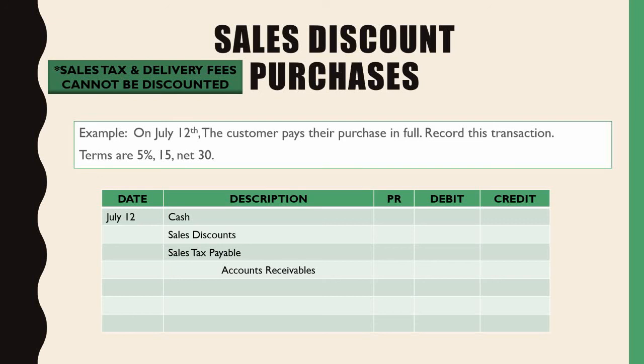Okay? So when we talk about this, we've already calculated because we already had the sales. So when we look at what the end result is if they make a payment, we know that they owe me $1,092.50, right?